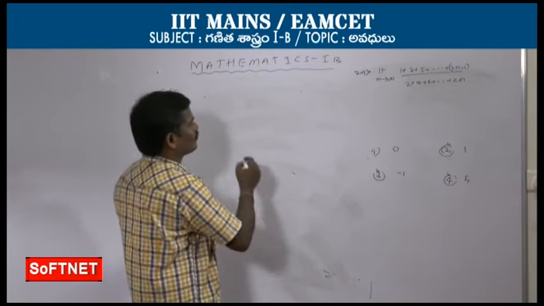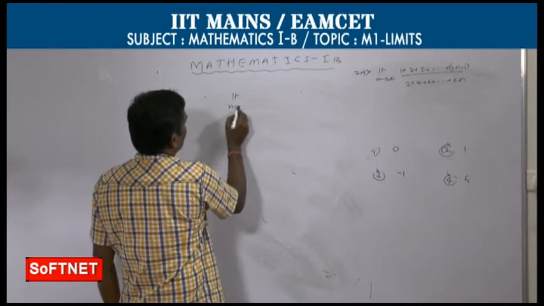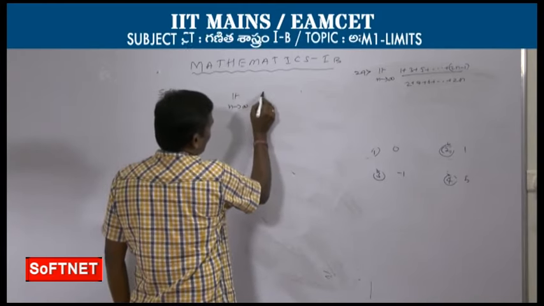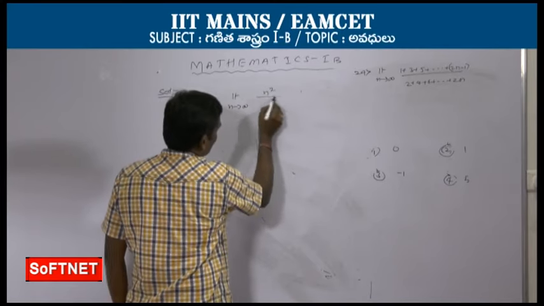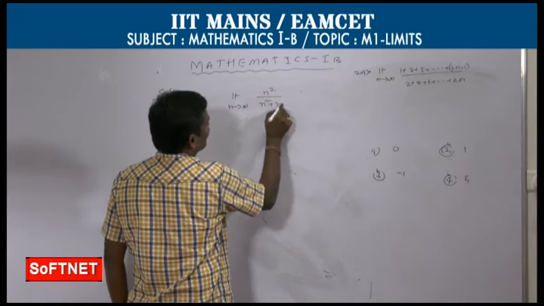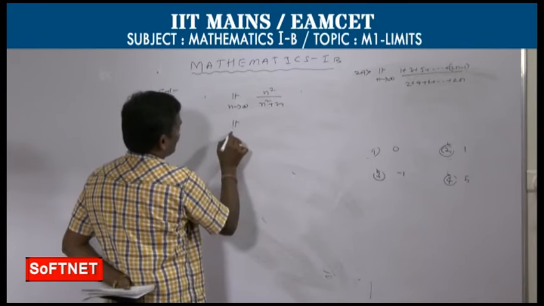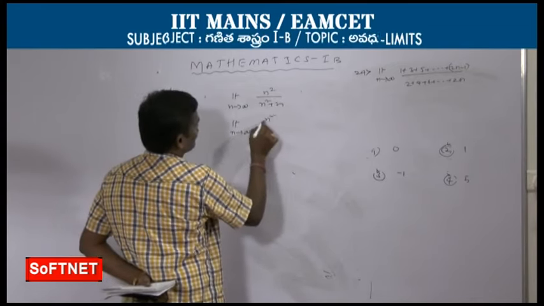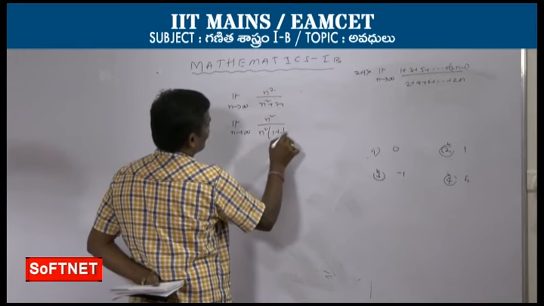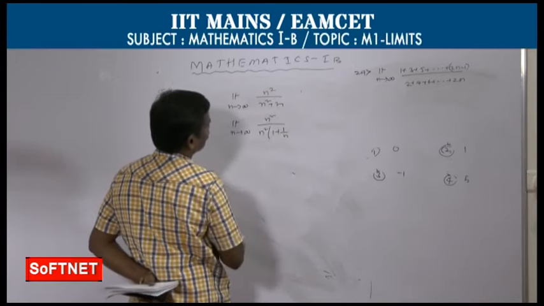For that we have two formulas. Limit n tends to infinity. The sum of odd natural numbers formula is n square, and the denominator, the sum of the even numbers, is n square plus n. So limit n tends to infinity, n square as it is, and in the denominator take n square common, 1 plus 1 by n.